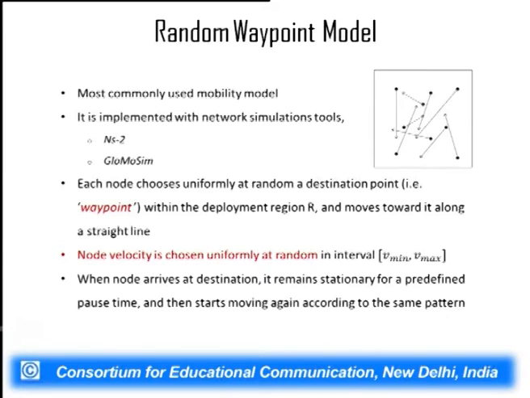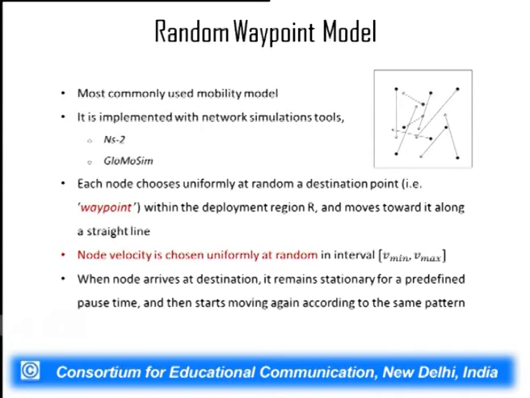So once it is fixed, the only function of that sensor node with respect to its mobility pattern is to reach that position, and once it has reached, this process will continue again. Now this is a very simple model, and mostly the S2 and GlomoSim simulators support it, they have this mobility model inbuilt.